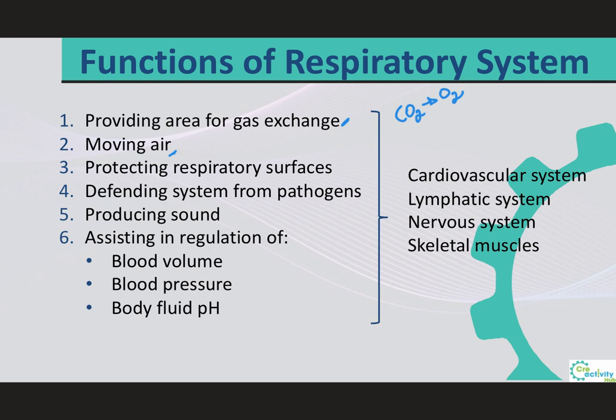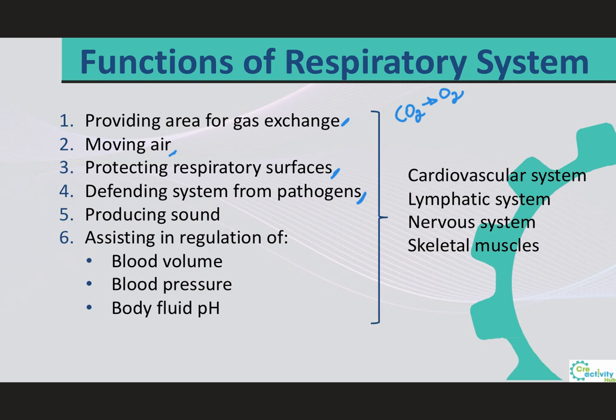Then we have protecting the respiratory surface from dehydration, from temperature changes, and other environmental variations. Then we have defending the respiratory system and other tissues from invasion by pathogenic microorganisms. And we're going to see how that happens here in the respiratory system.